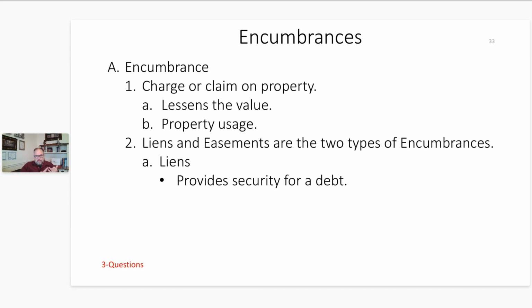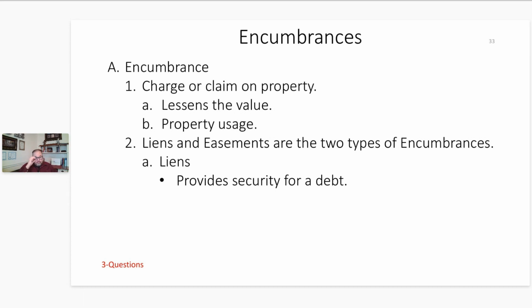You remember the terms appurtenant easement, easement by necessity, easement in gross, the right for one to use the land of another? Those easements and those liens on this property encumber it. So always think of an umbrella over the property that has liens and easements on it. It does lessen the value and it does have certain property usage associated with it.